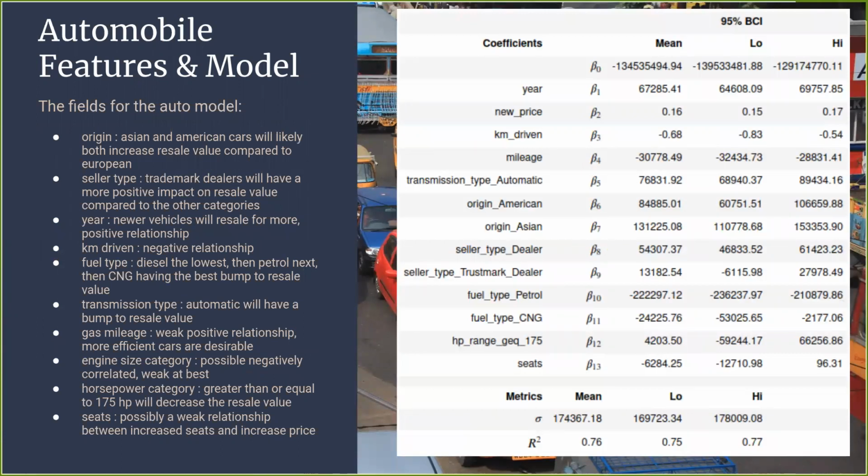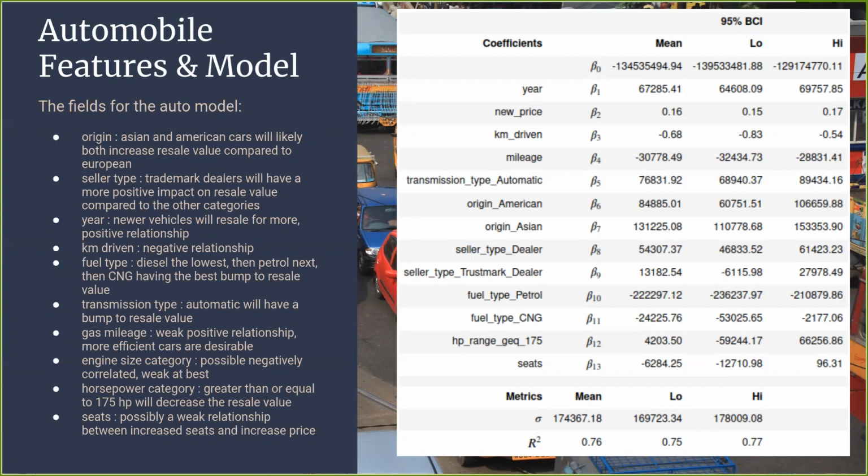Moving to the automobile model, we had a lot more features to work with. We expected pretty much the same signage for the features that were shared with the motorcycle model. But then looking at the new things present, we expected that the fuel efficiency indicated by the mileage field would actually have a positive relationship because a more fuel efficient vehicle likely would have a better resale value.